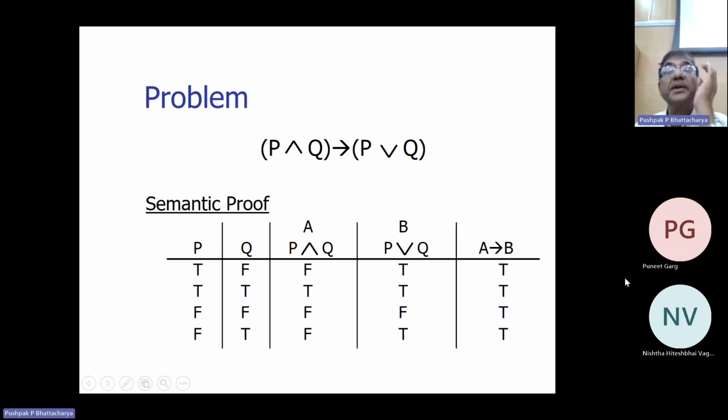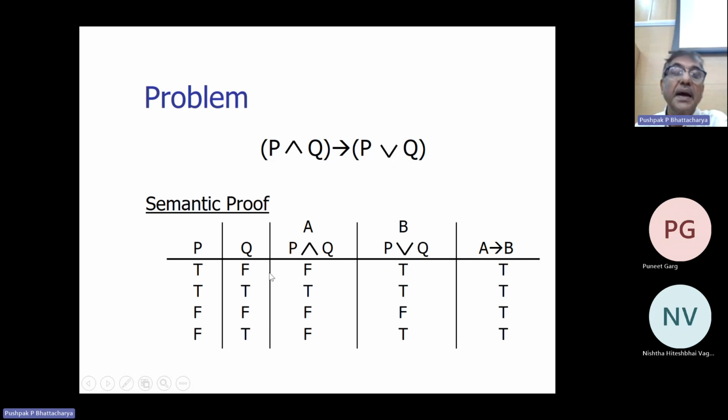Now, suppose we had to prove that P and Q implies P or Q. This is true, right? The sky is blue and the grass is green implies the sky is blue or the grass is green. So P and Q is a stronger condition than P or Q. To prove that this is a tautology, we can create the truth table.